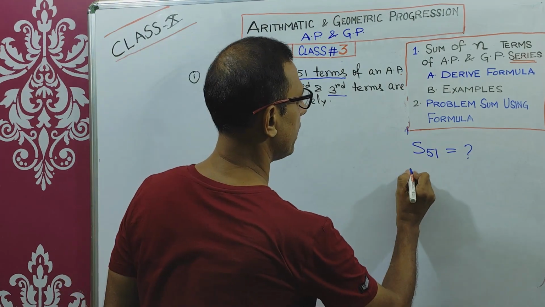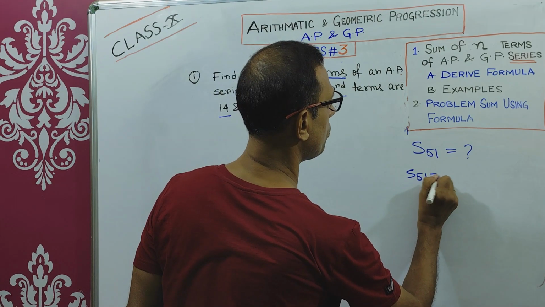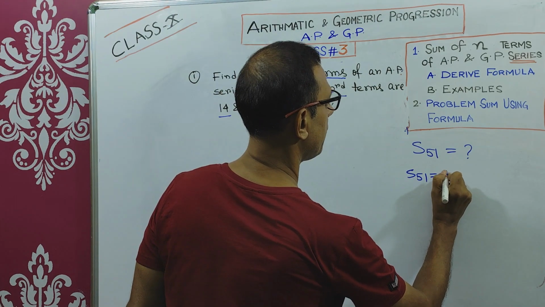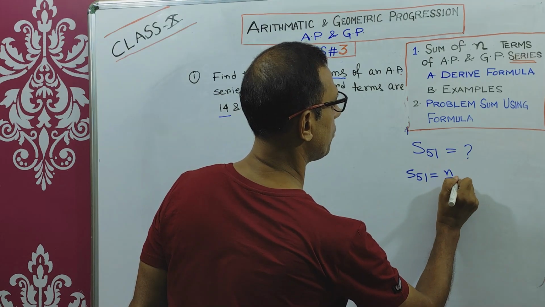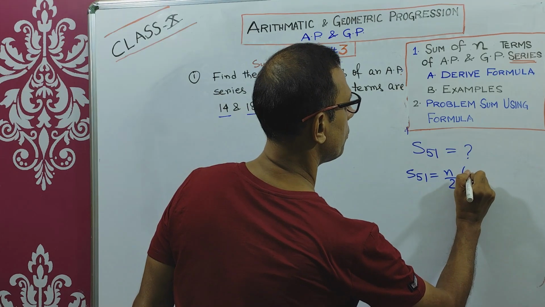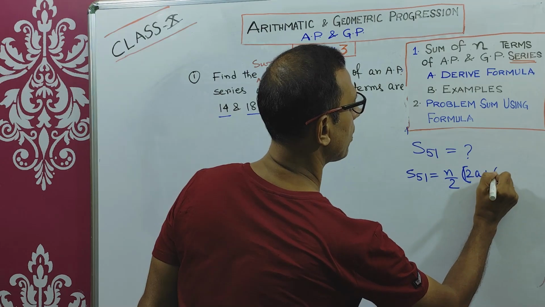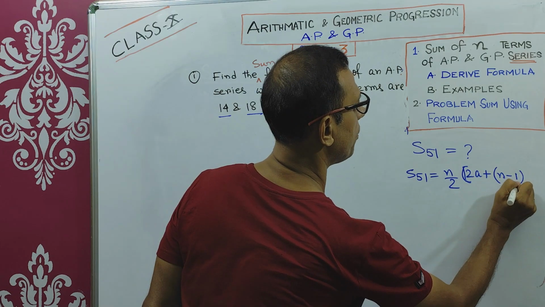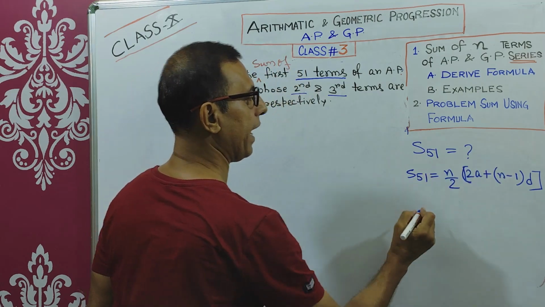So what is S51? S51 equals n by 2 into 2a plus n minus 1 into d. You know the n, but you don't know a and d values.